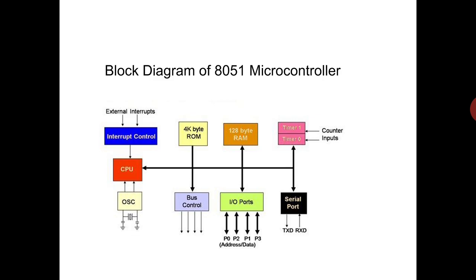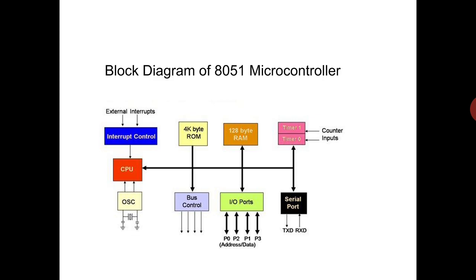Next is the timer unit. The on-chip timer unit of 8051 helps to provide accurate timing for various control applications. The timer unit can also be used as a counter for counting purposes, and to decide the baud rate for serial data transfer. There are two 16-bit timers in 8051 called timer 1 and timer 0.